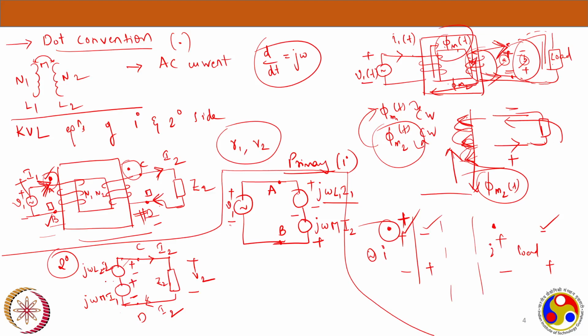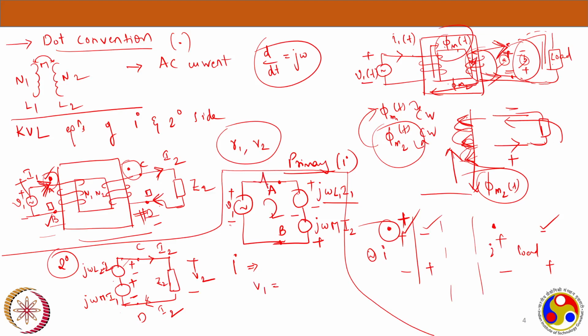Yeah, since we now have the equivalent circuit of the secondary and also the primary, let's quickly write the KVL equations. Primary KVL first.